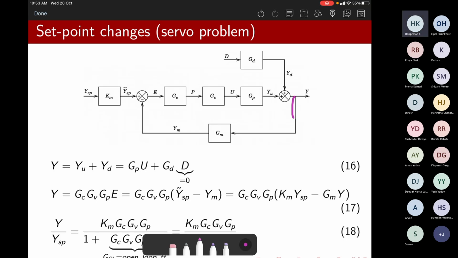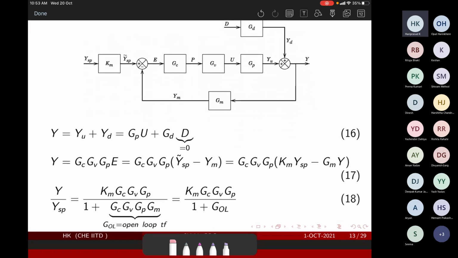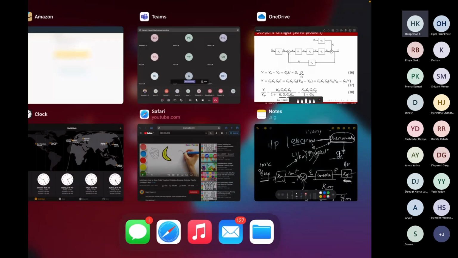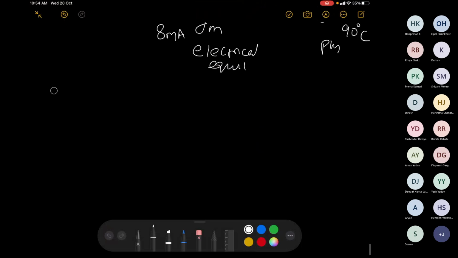Okay, so before we learn how to do it, we will have to develop transfer functions for two different cases. One is technically called the servo problem.